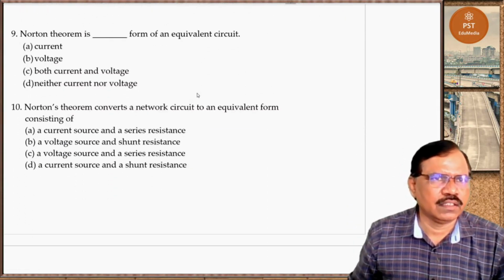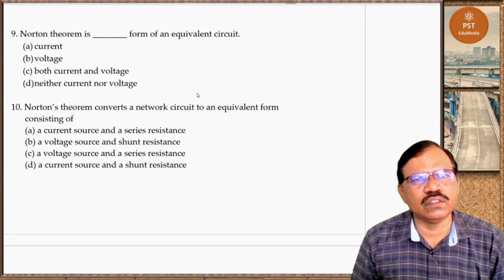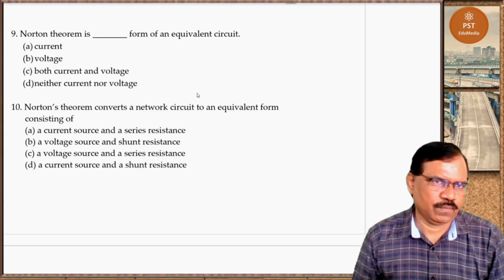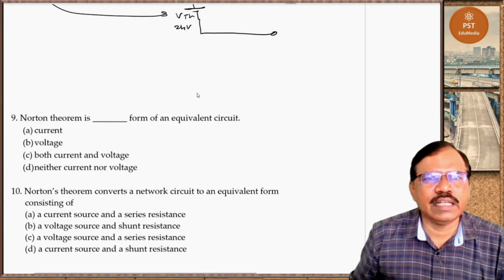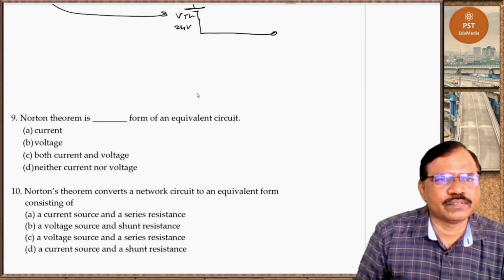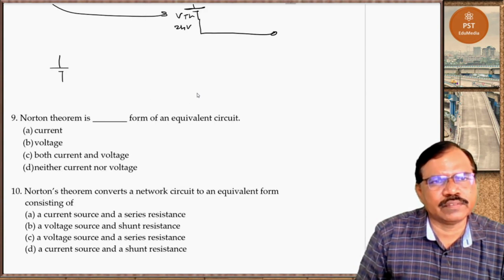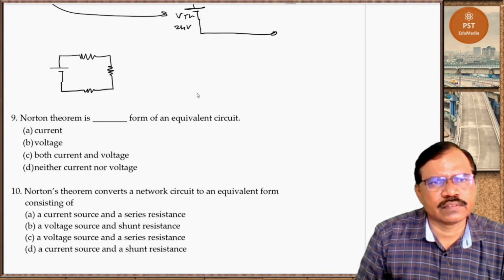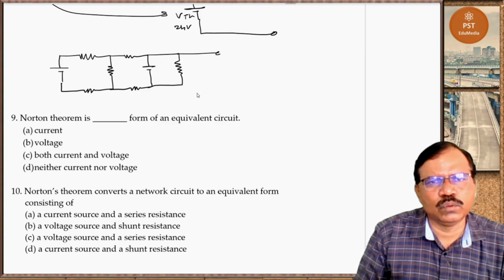Now the next one: Norton's theorem is a current form of an equivalent circuit. In Norton's theorem, we take a network. Suppose this is some network, and these two terminals are taken out.